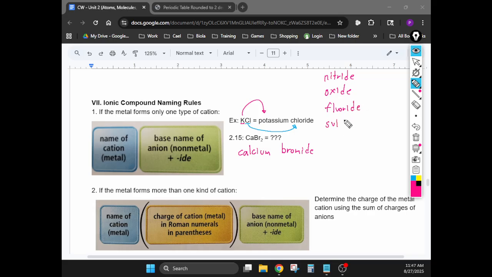Sulfur turns into sulfide. And then chloride, obviously. We've got bromide. And usually those are the ones that you'll see for this class. Again, if you make a mistake and write oxide, I'm not going to mark you wrong because you know that it's -ide. But just so that the AP graders don't laugh at you on the AP test for making that mistake, these are the 6 most common ones you'll see. Oh, and sorry, one last one, iodide.